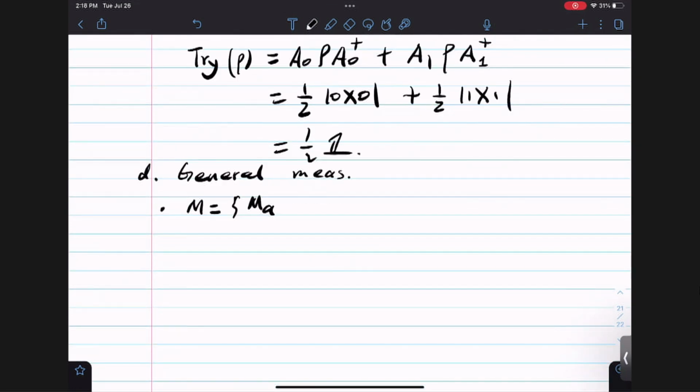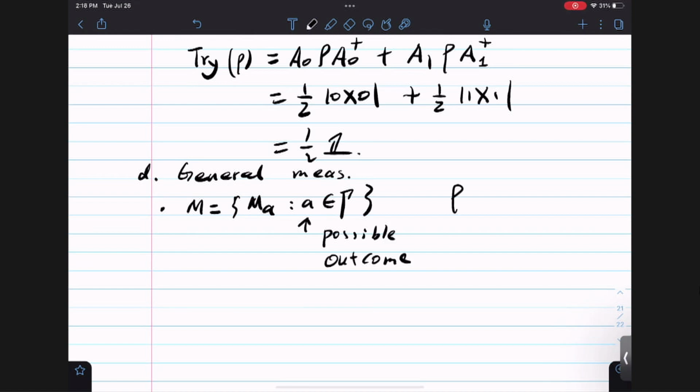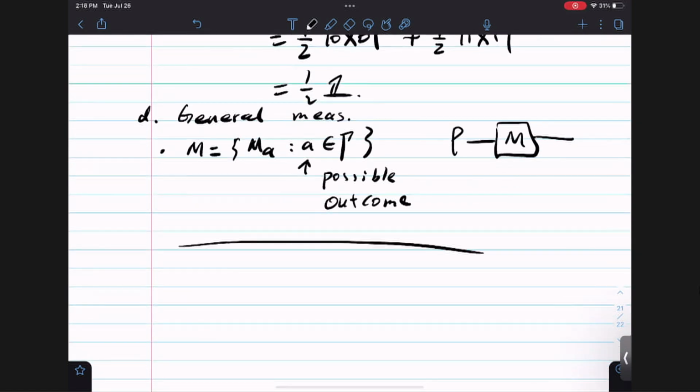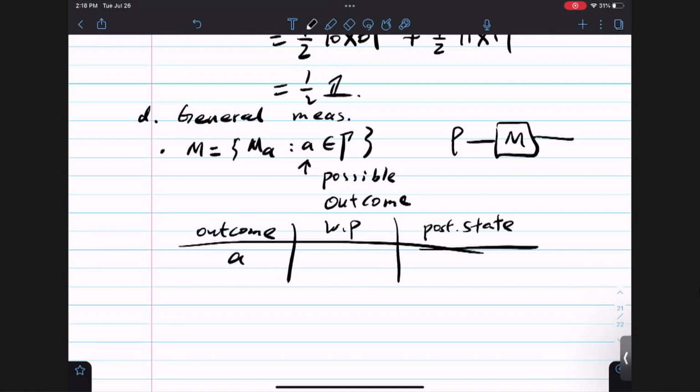It can be defined by a bunch of matrices M_A. And each A here will represent a possible measurement outcome. So we have a density, and we want to apply a measurement. What happens is we'll see outcome A with some probability, and then there's a posterior state. So now we just need to use the right linear algebra language.